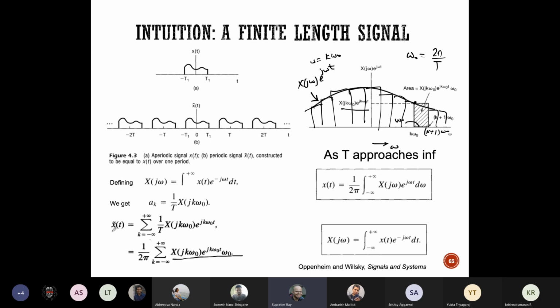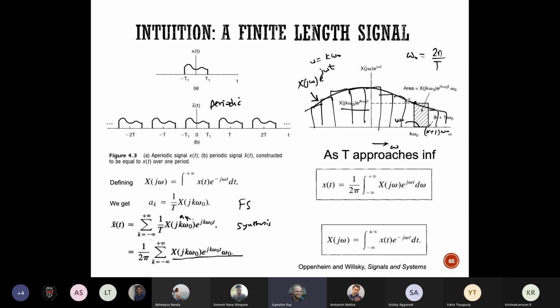So let me just summarize. I've got a periodic signal x tilde t. Because it's a periodic signal, I can take the Fourier series. This is the Fourier series synthesis equation, which is just a sum like that. This is just ak, which I'm defining as a sample of a continuous function given by X(j omega). And then this summation can be thought of as, so this line here is just X(j omega) e to the power j omega t.